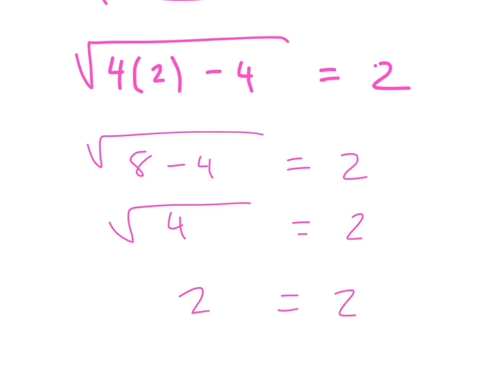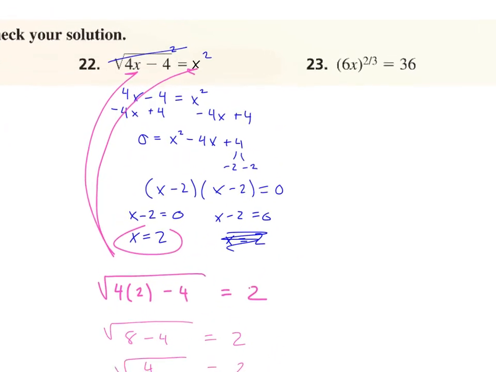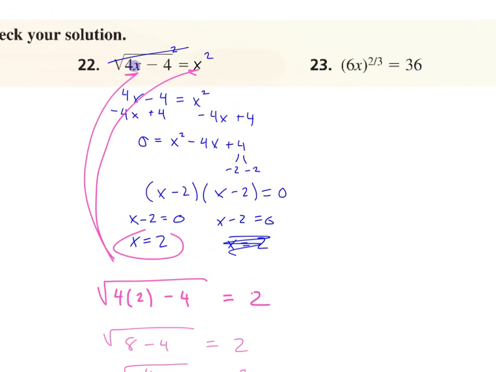So 2 is equal to 2. So it works. You always want to check your work when you have an x on the inside and an x on the outside. So always, always, always check your work when you have an x on the inside and an x on the outside. Any questions on that one?